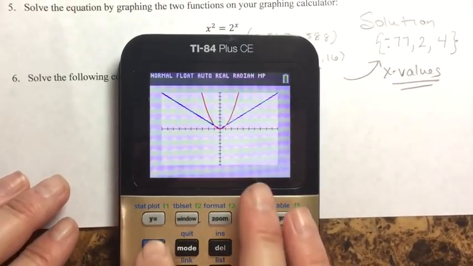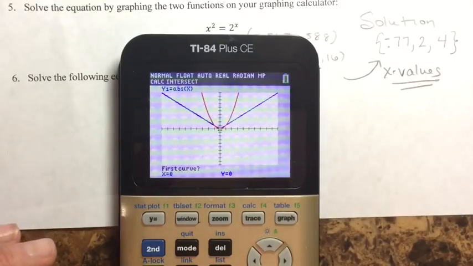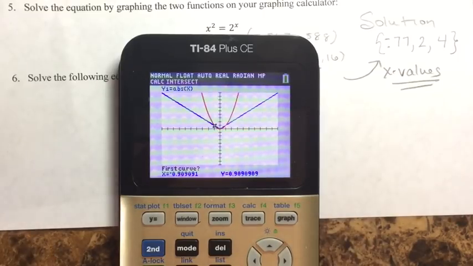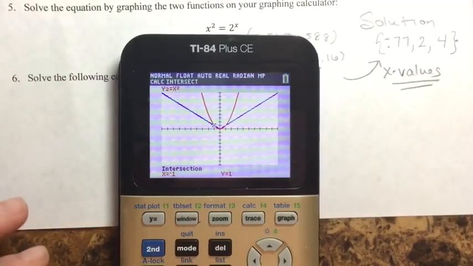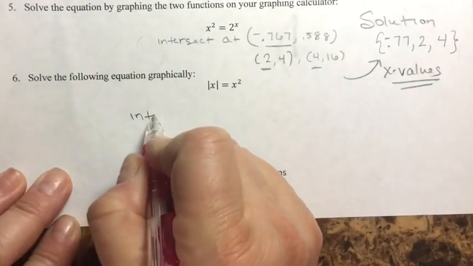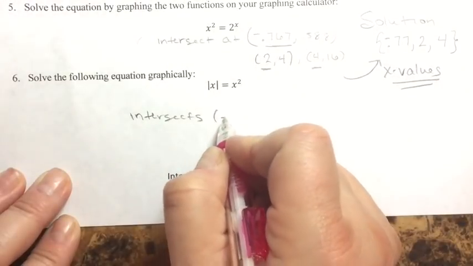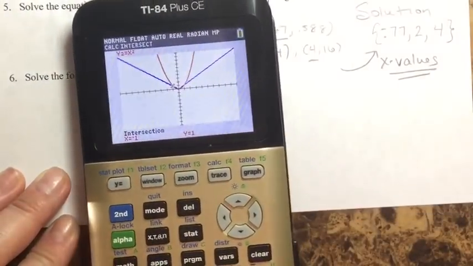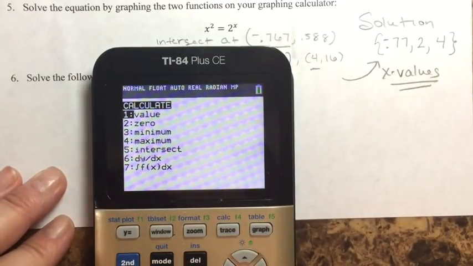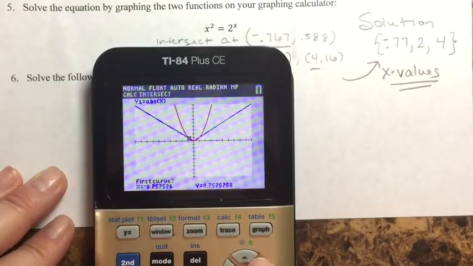But I'm going to find them in my calculator just because I think we could use that practice. I'm going to do second trace, intersect, and go over to there as close as I can. I hit enter, enter, and guess, and there it is. There's my first intersection point, -1, 1. Now we go find the next one with second trace, intersect, right there, enter, enter, and guess: 0, 0, which we knew.